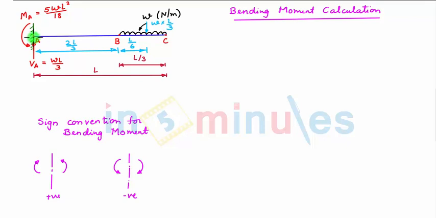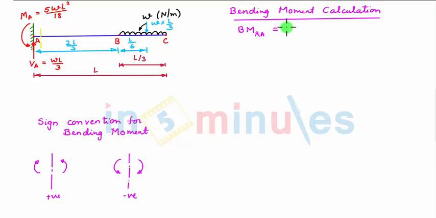Now we see that at point A there is a couple of moment acting. So let us take a section towards right of A and very near to it. So bending moment towards right of A is equal to, considering the left hand side of section, we see that there is an anti-clockwise moment MA whose magnitude is 5WL square by 18.